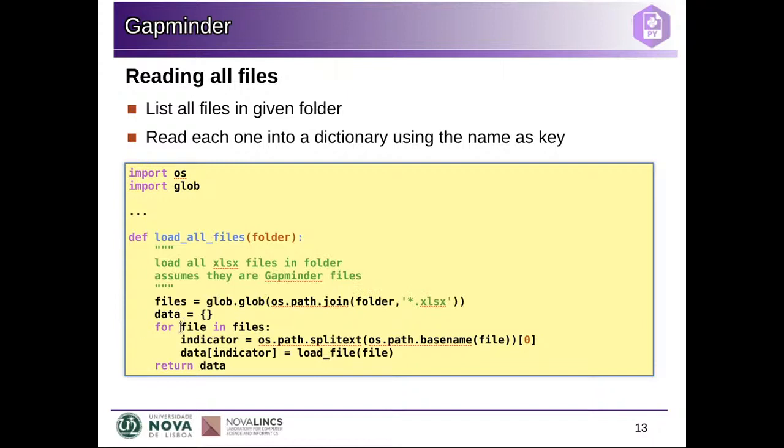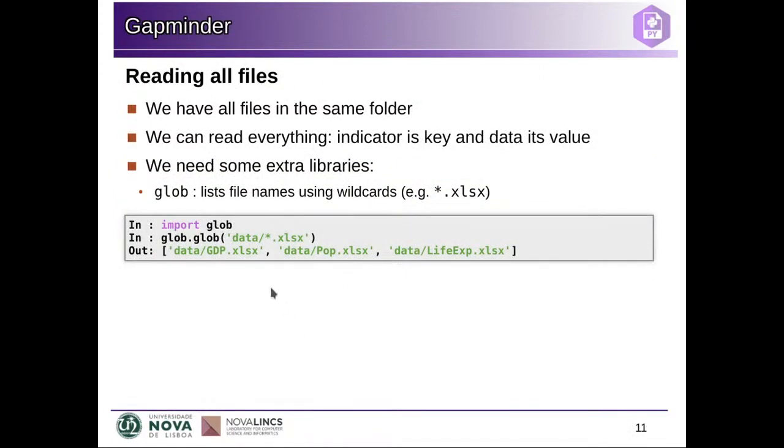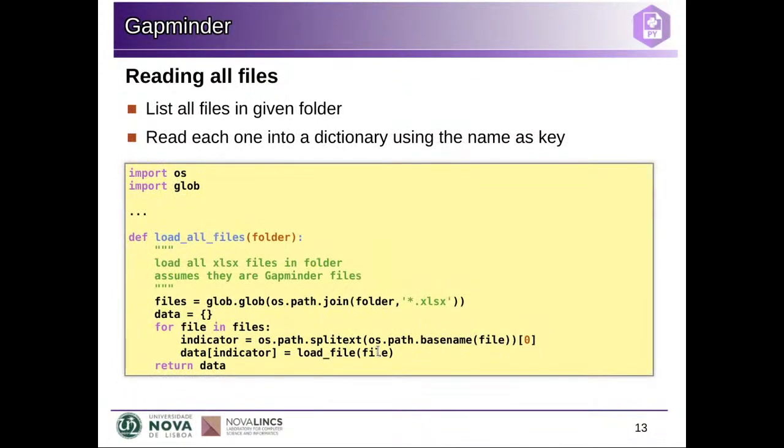And now for each of these files, we're going to add to our dictionary a key that is just the name of the file without the extension. So for example, for this file, we get just GDP. For this file, we get just pop and so forth. And we do that by splitting the base name of the file and getting only the first part.